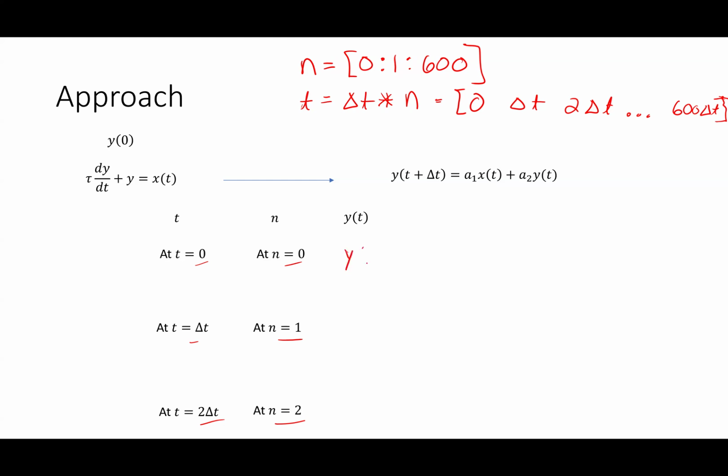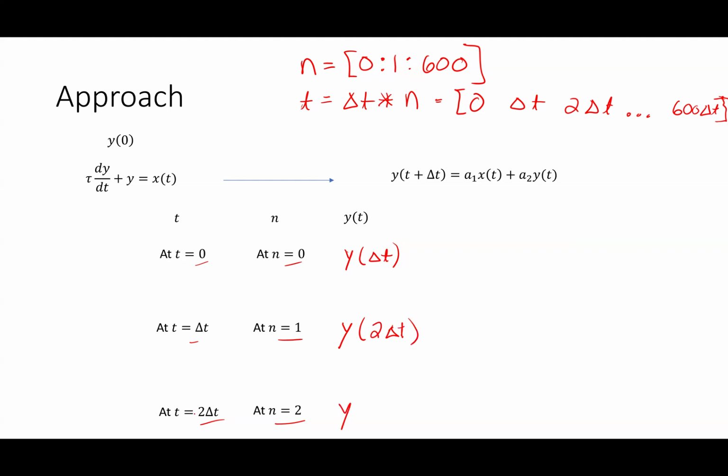So the way I can look at this is, at t equal to 0, I'm solving for y of delta t. At t equal to delta t, I'm solving for y of 2 delta t.